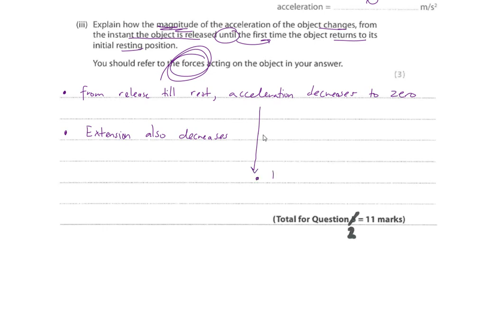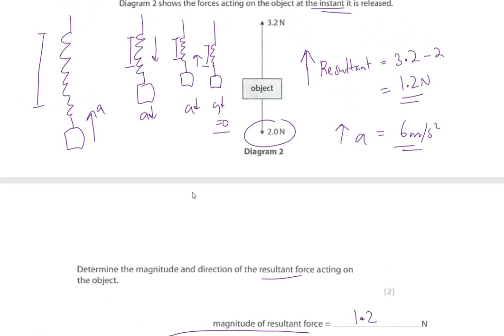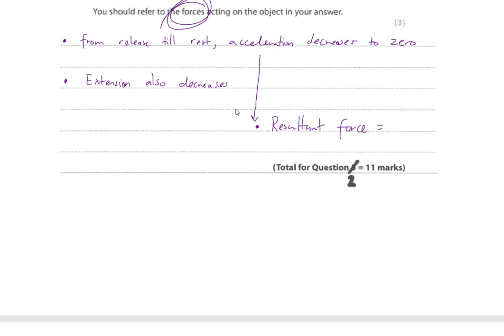We can say that the resultant force on the object, which was 1.2, decreases to 0, because the acceleration goes down to 0.